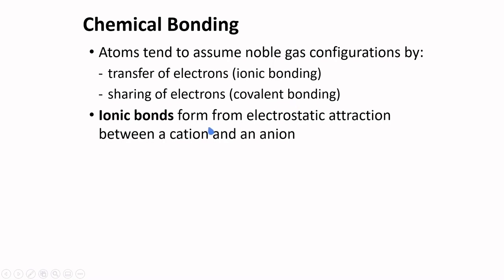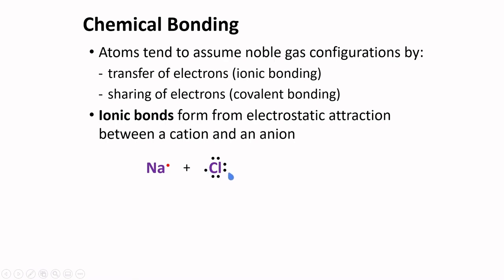Now, ionic bonds form from electrostatic attraction between a cation, the positively charged species, and an anion, the negatively charged species. For example, elemental sodium here has an electron that can be transferred to chlorine.